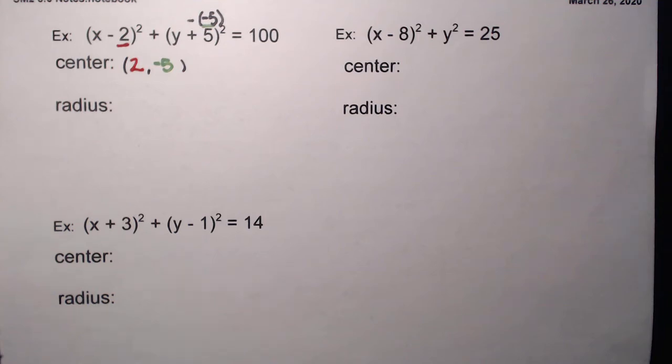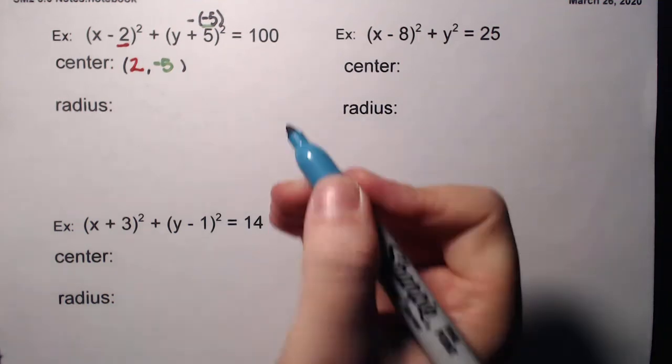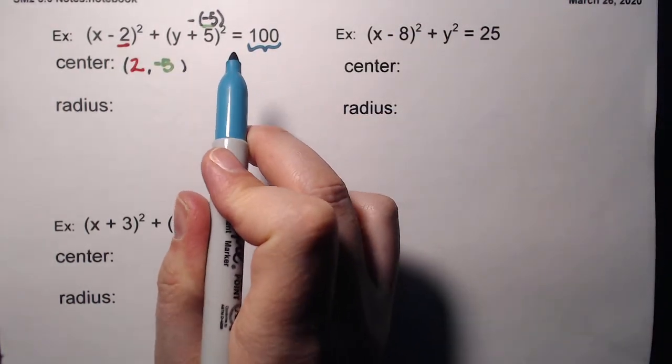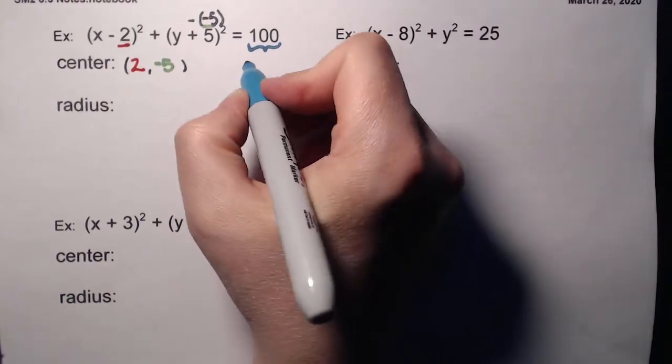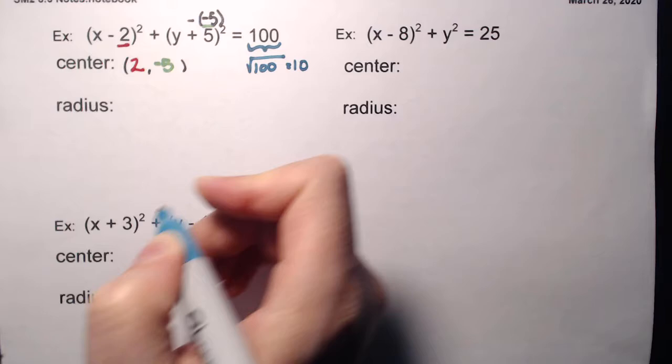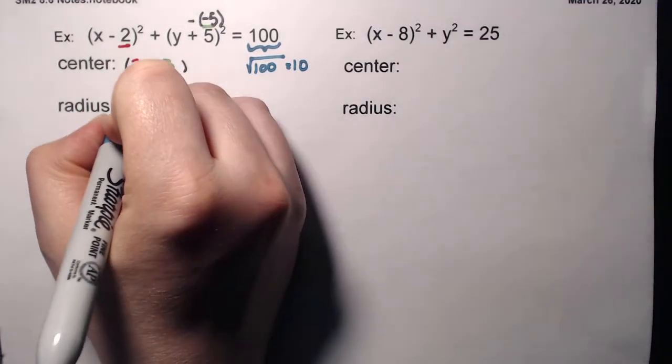And then to get the radius, that's where we look at this piece. Now, the radius isn't 100. We have to take the square root of 100. That gives me 10. So the radius is 10.